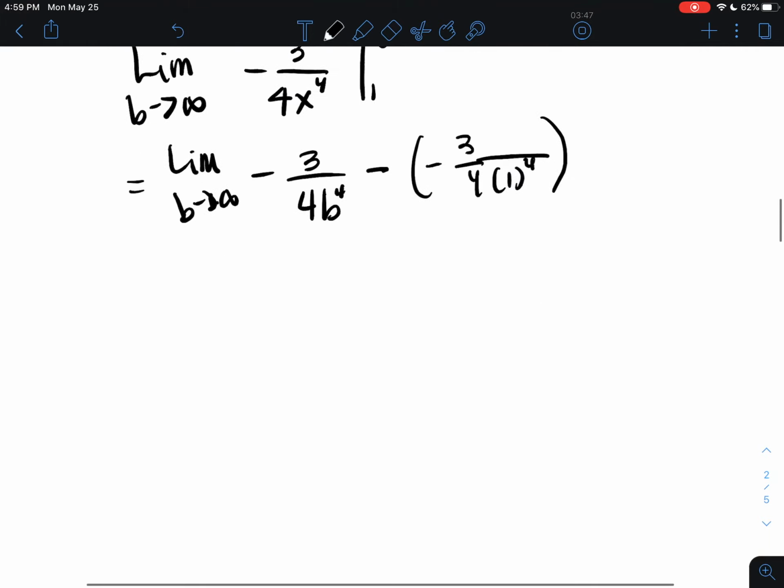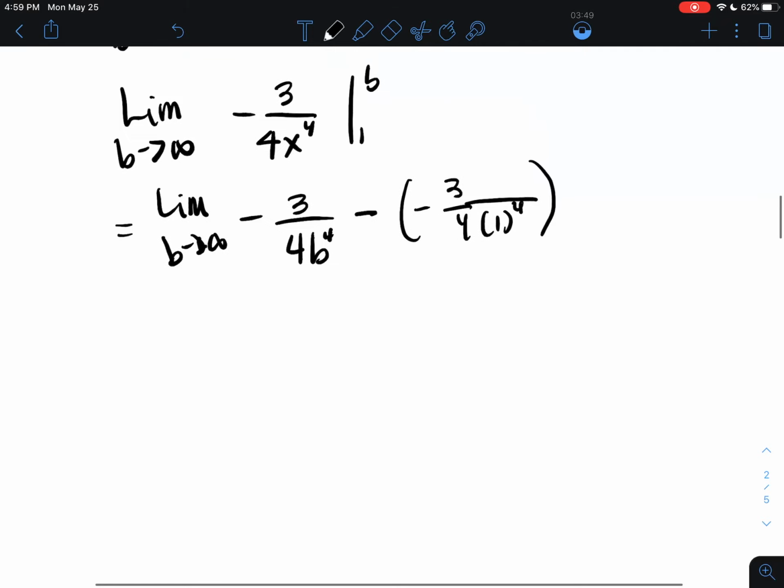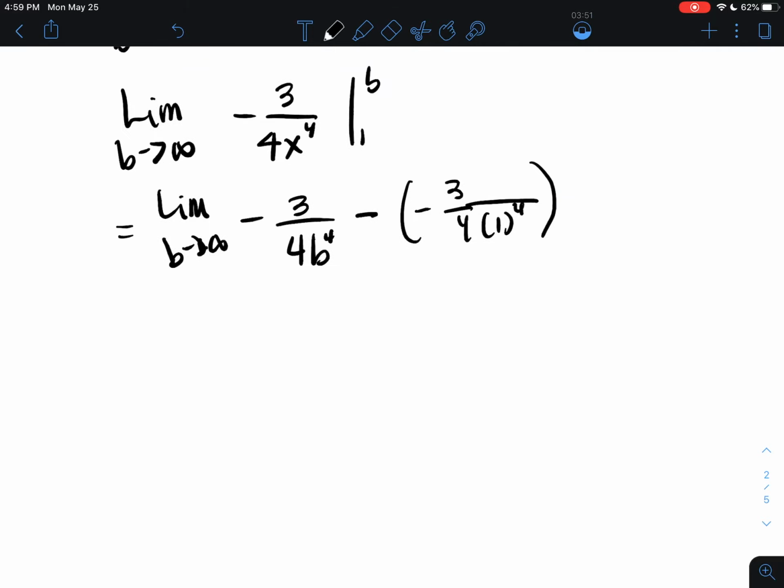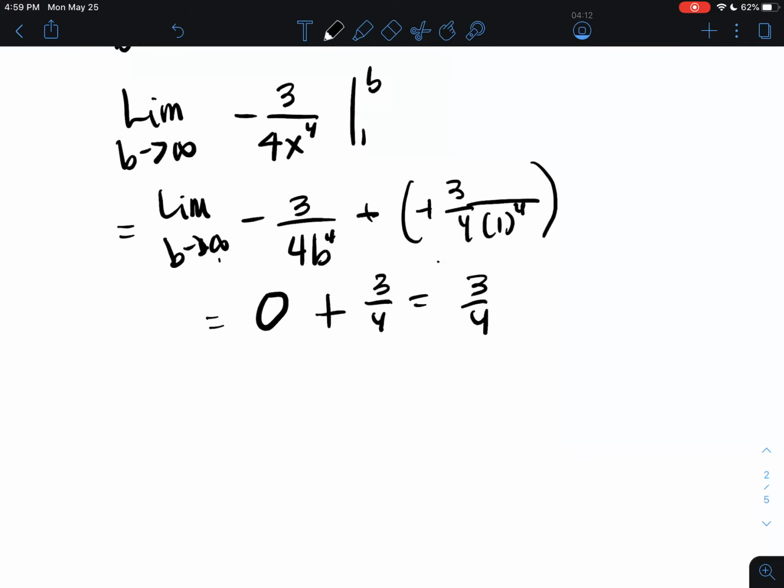A double negative becomes positive. As b approaches infinity, that term heads to 0, so we get 0 plus 3 over 4, which is just a number. So 3 over 4 is the answer, and this converges.